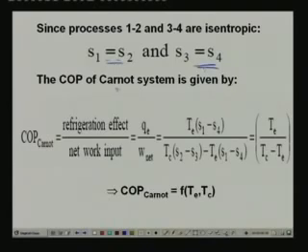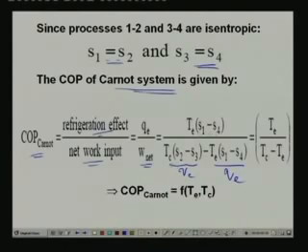Now, the COP of the Carnot system is given as the refrigeration effect divided by net work input, that is QE divided by Wnet. Wnet is nothing but QC minus QE. QE and QC can be written in terms of temperatures and entropy changes, that is QE is nothing but TE into (S1 minus S4).